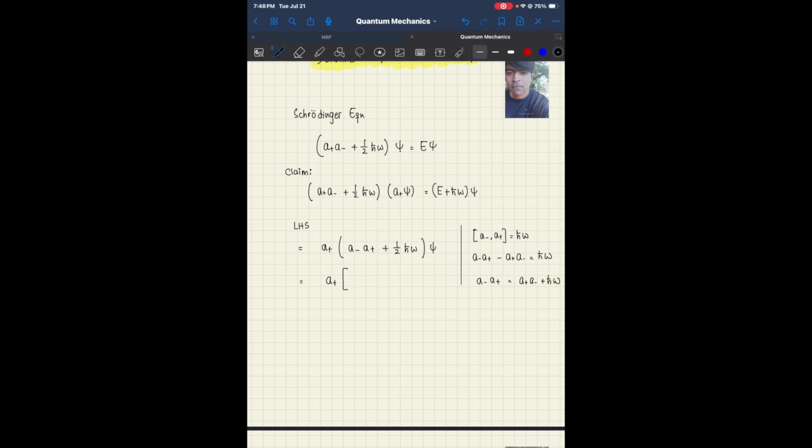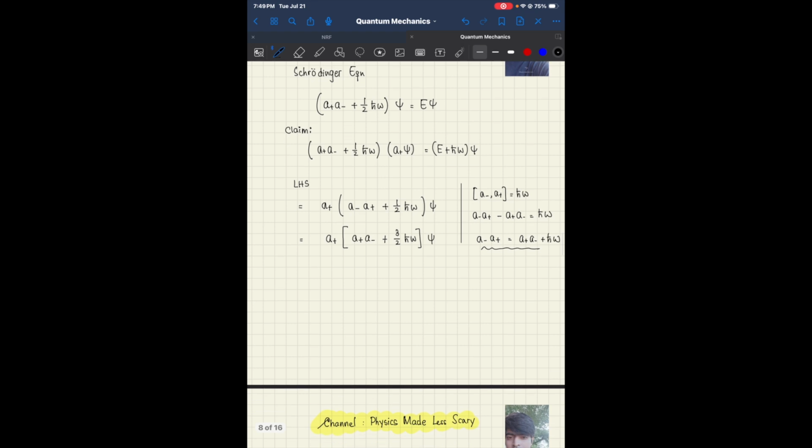Do you agree? So let's substitute this relation here. You'll get an a plus a minus plus three by 2 h cross omega psi.